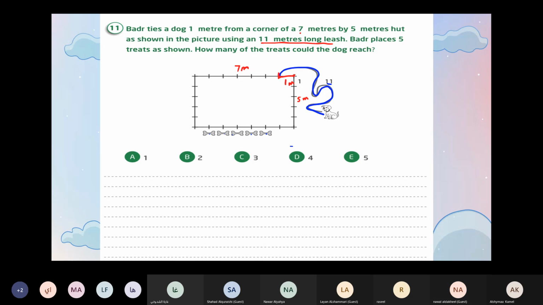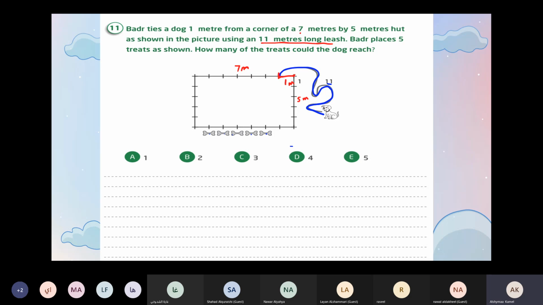4. Who said 4? Why 4? Tell me why. Because after 5 we have 4. So 1, 2, 3, 4.